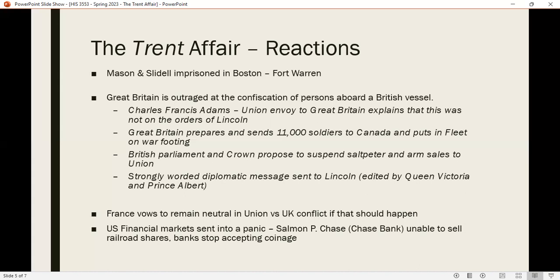Salmon P. Chase, of the Chase Bank that we all know of today, is in Lincoln's cabinet, I think as his Secretary of the Treasury, and he's unable to sell his railroad shares because there's so much financial panic going on, and people in Lincoln's cabinet were literally personally supporting the war at this point. Some of the very wealthy bankers were lending money directly to the Union, and they're unable to do so because everyone thinks we're going to go to war with Great Britain.